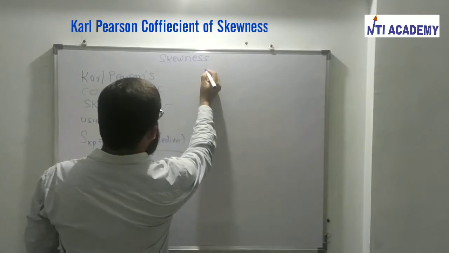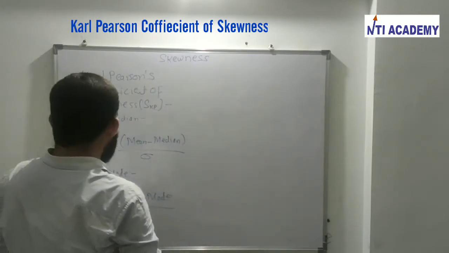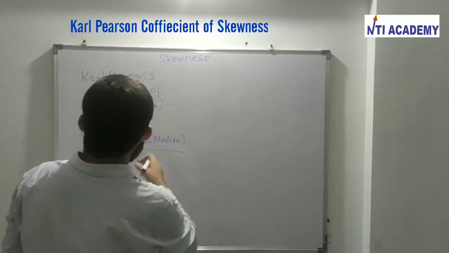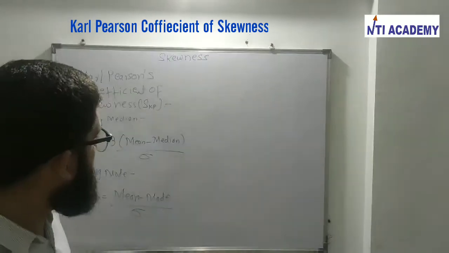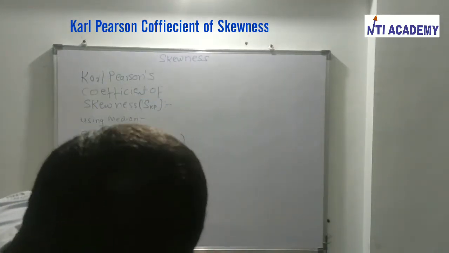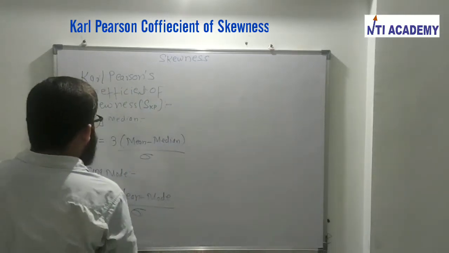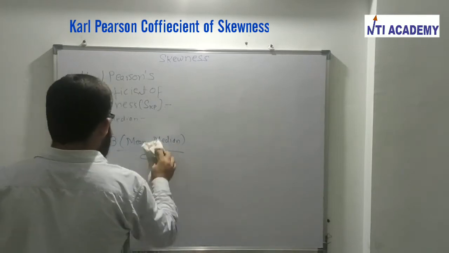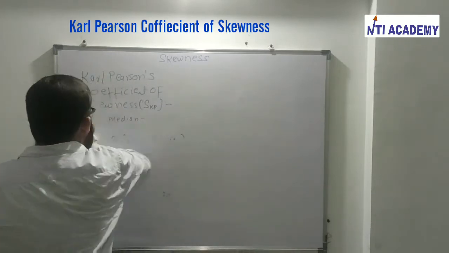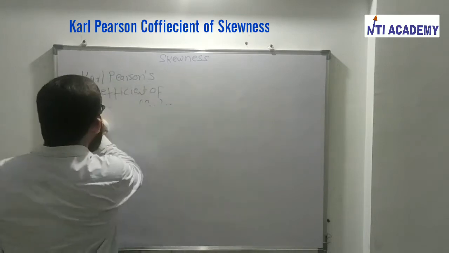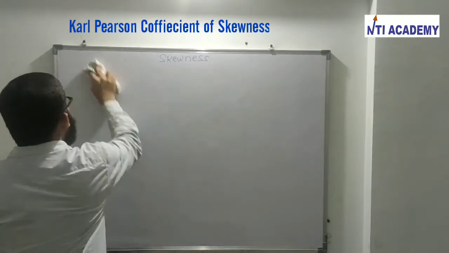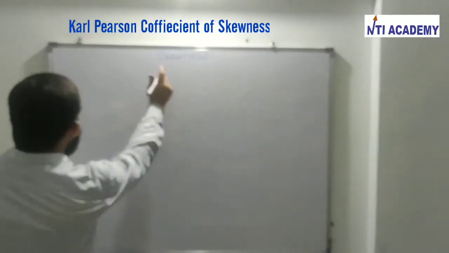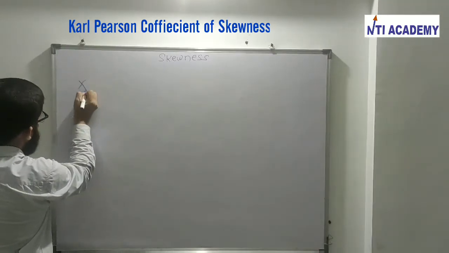Let me first rub this so that I can write it over here. So there are certain observations, the x values.